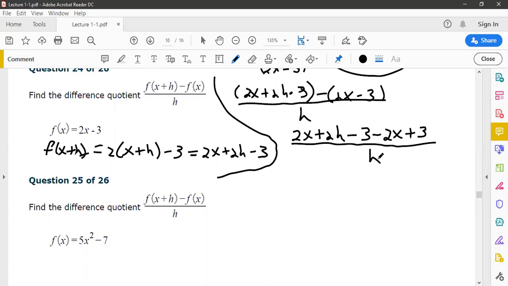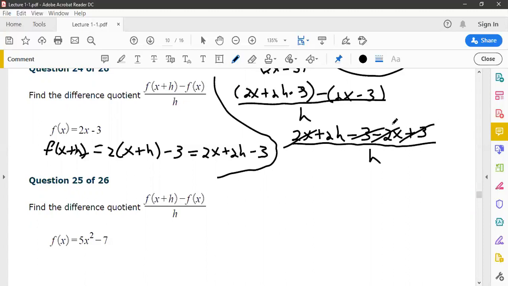Now, any term in the numerator that doesn't have an h should cancel out. If you look, here the 2x has an opposite. This is a 2h, so it has an h, so that's not going to be eliminated right now. Next, the negative 3 doesn't have an h, so there should be a positive 3, and there is.